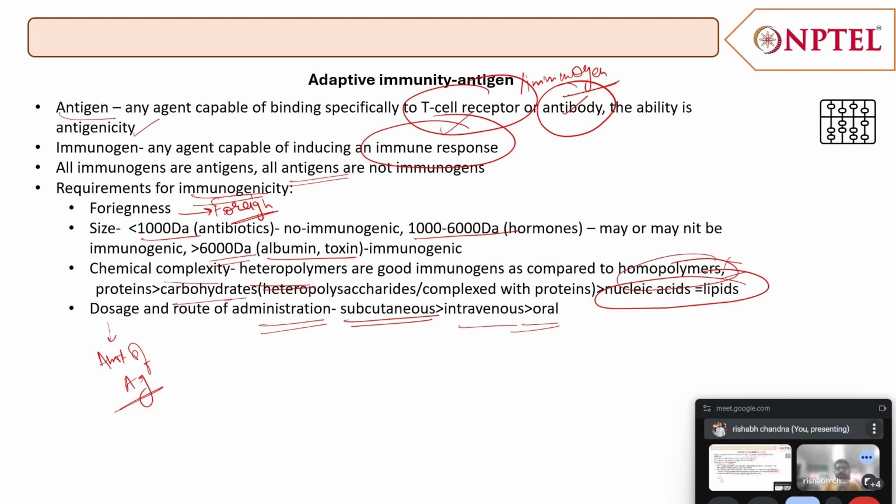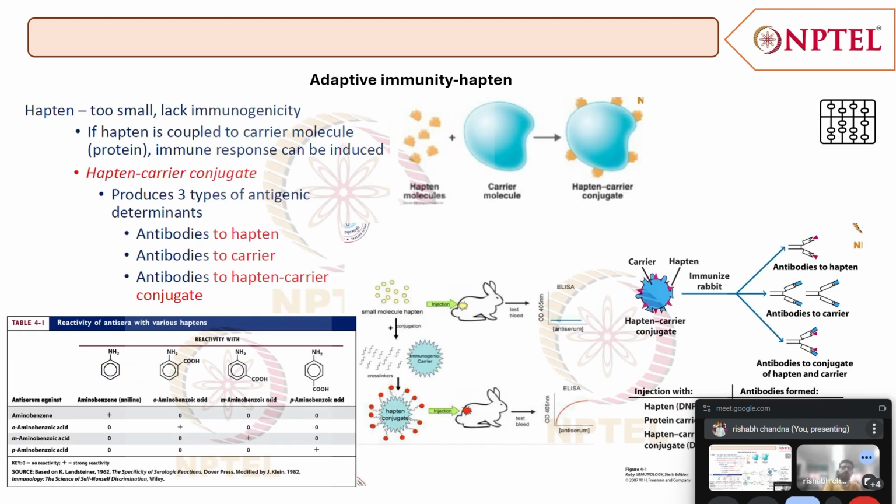Moving on to another concept, that is haptens. Haptens are small molecules that, when administered alone, lack immunogenicity. But if a hapten is coupled to a carrier molecule, for example a protein, the immune response is induced.